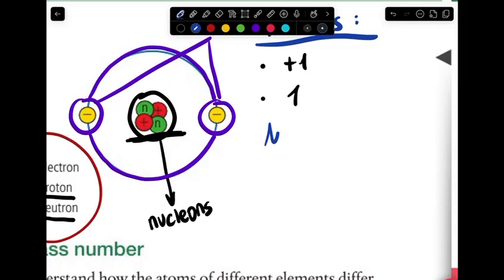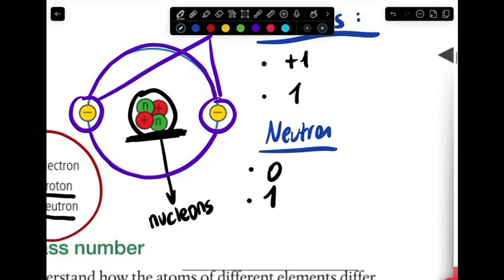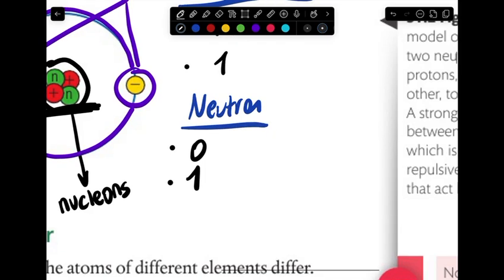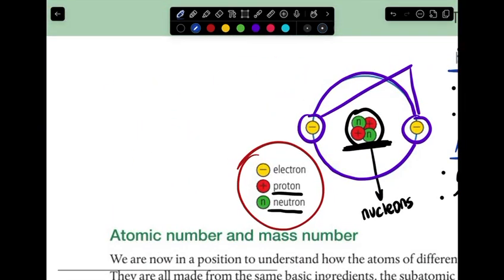A neutron has a charge of 0 because it's neutral. And it has a relative mass of 1. It's located in the nucleus, in the center. And it contributes to the mass and the nuclear stability of an atom. And lastly, electrons.